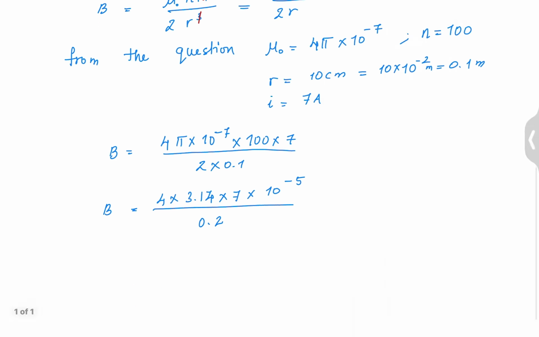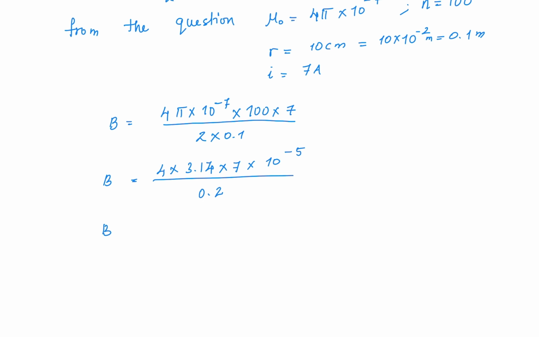That will be the magnetic field, 439.6 into 10 to the power of minus 5, which is equal to 4.396 into 10 to the power of minus 3, which is equal to 4.396 milli Tesla.